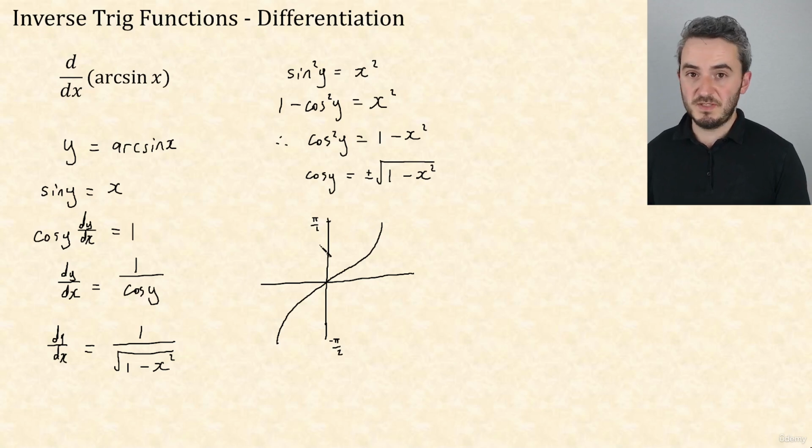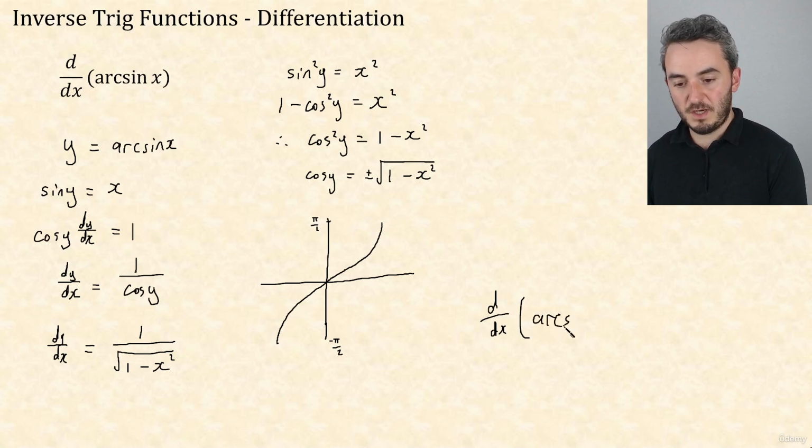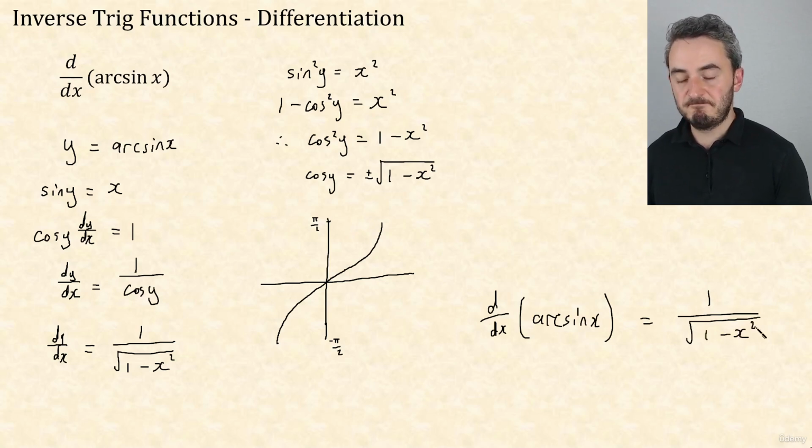They're always positive. If you think about the cos graph, it is positive in the interval minus pi over 2 to pi over 2, and therefore cos y must be positive. So here's dy by dx, and therefore, with no reference to y needed anymore, d by dx of arcsine x is 1 over root 1 minus x squared.